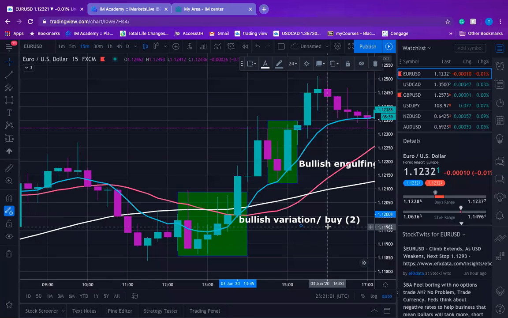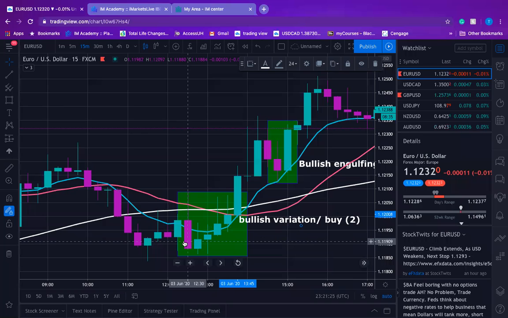Whatever color your seller's candlestick is, only one seller candlestick is being engulfed by multiple blue or green candlesticks. It takes multiple of the buyer's candlesticks to engulf that one seller candlestick. As you see, there's multiple ones to engulf that one red candlestick.